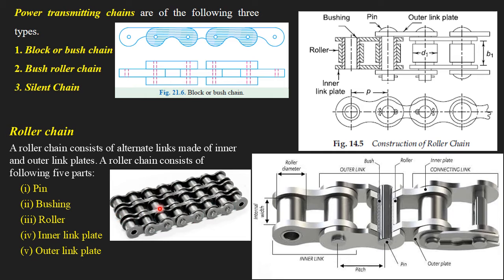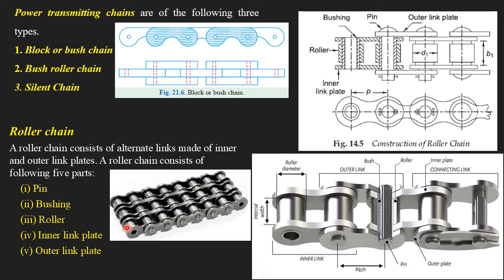If you include this also, it will be two strands, and in total it is three strands. In this particular figure, there are three strands of chain: 1, 2 and 3. In heavy applications, we need multiple strands to transmit the power. One strand will not be enough, whereas in your motorcycles, bikes and all, one strand is present.